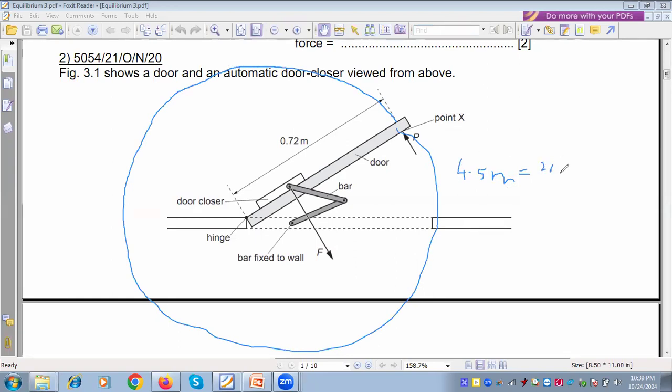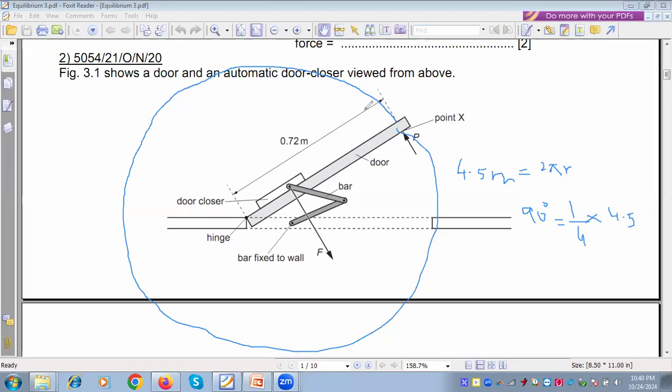But the distance moved by door is only 90 degree. 90 degree means 1/4 of the rotation, 1/4 of circumference. Circumference 4.5. So work done, force into distance.